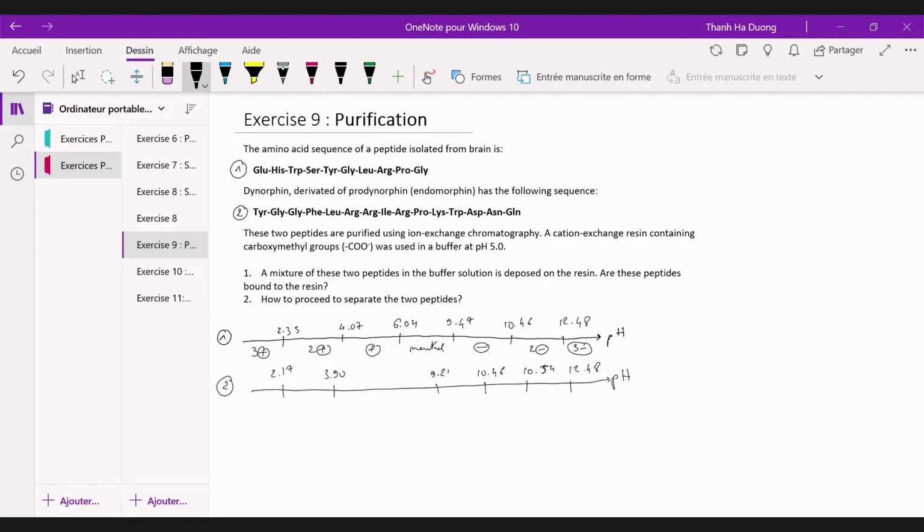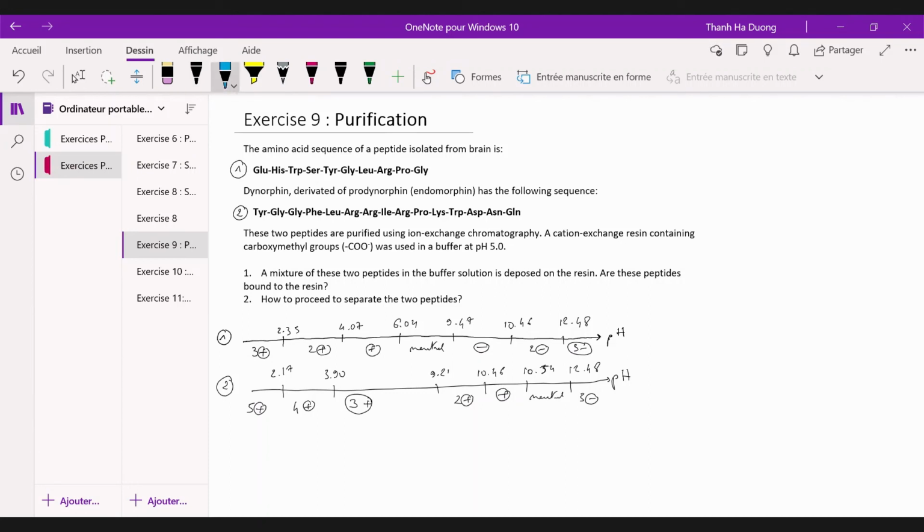And for peptide 2, it's 5 plus, 4 plus, 3 plus, 2 plus, plus, neutral here, and 3 negative. Okay? If you have any question about that, I will answer next week.